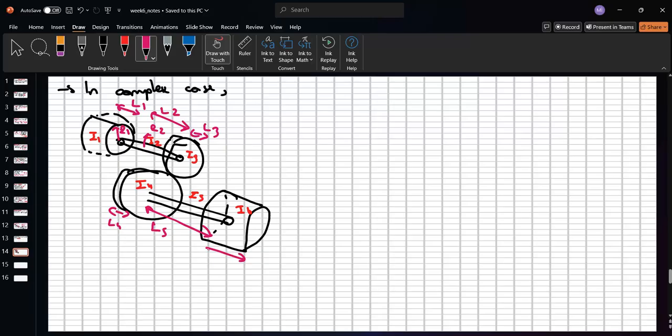This is the L6. These are all the widths of the materials. And also R1, R2, and R3 is the radius, R4 radius, R5 radius, and R6 radius of these materials.